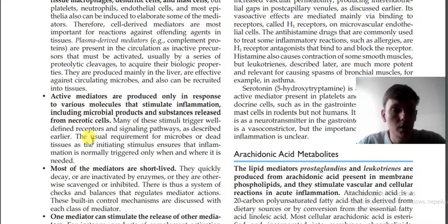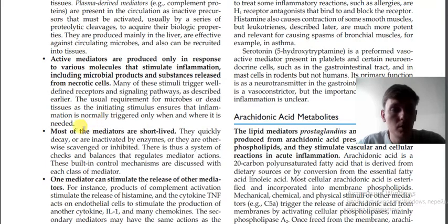As described earlier, most of the mediators are short-lived. Once they have performed their function, we have specific enzymes to destroy these mediators, because acute inflammation is aligned for a short response. When the action has happened, we destroy the mediator.